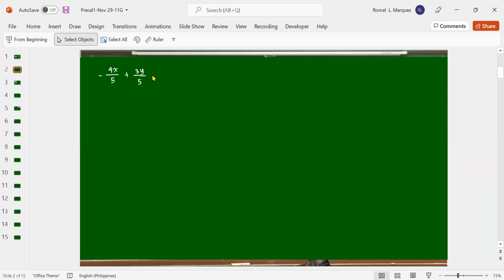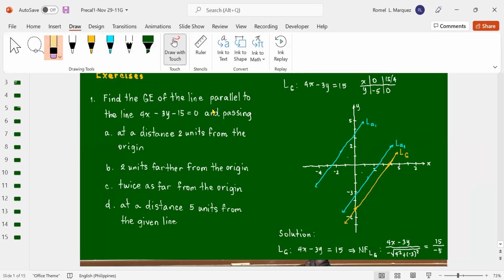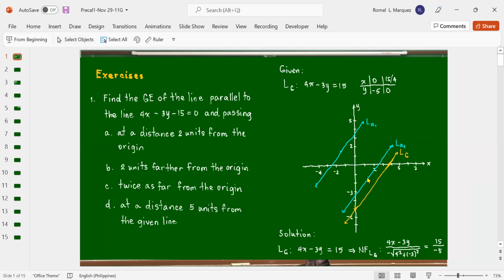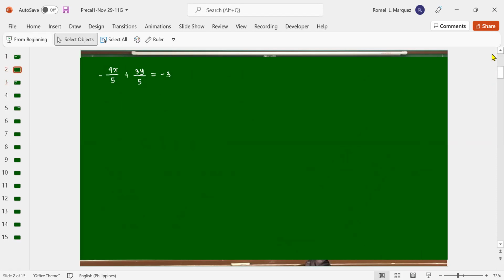Because negative, negative. And then the right side is negative 3. Why negative 3? Because the line is below the origin. Am I right? So, the actual distance of the yellow from the origin is 3. But negative means only that it is below. The negative means that it is below the origin. Okay? Get it, children? So, this is the normal form of what, guys? Normal form of the given line.